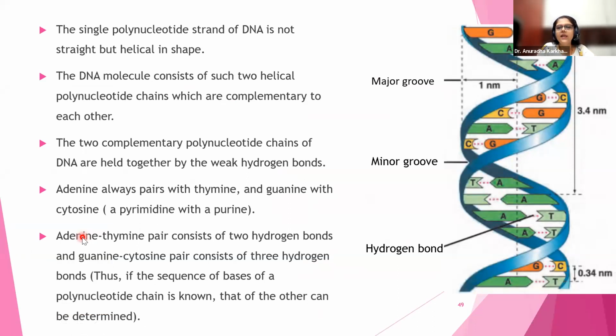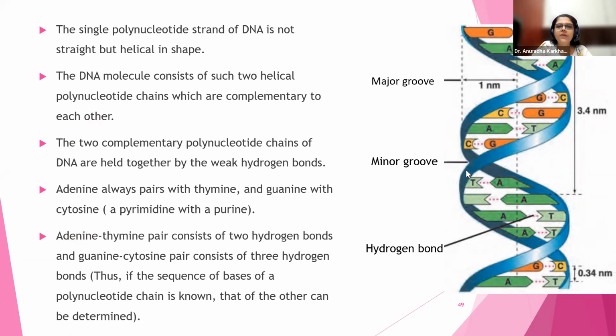The DNA molecule consists of 2 helical polynucleotide chains. Poly means many. Nucleotide means sugar plus nitrogen base plus phosphate. So it's going to be a long chain of polynucleotide. The chains are complementary to each other. Now, what do you mean by the word complementary?